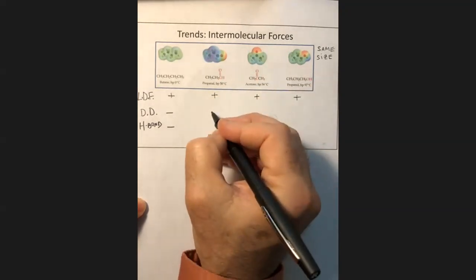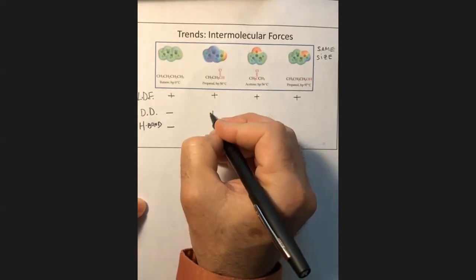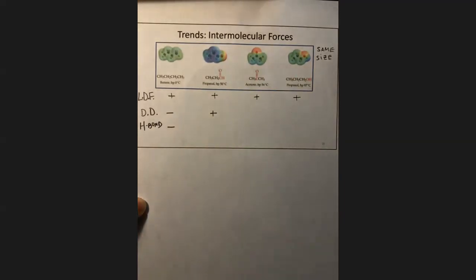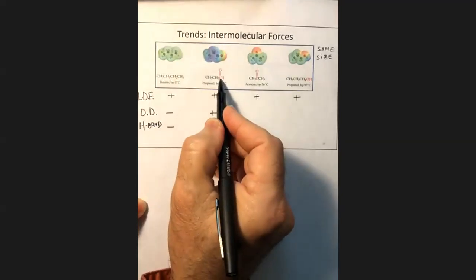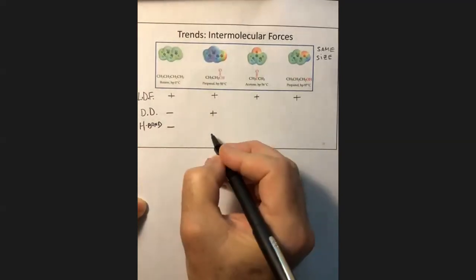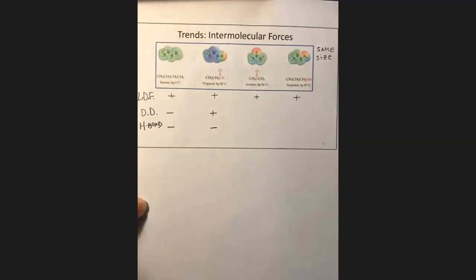Well, that tells you that this compound is capable of dipole-dipole interactions. However, there are no hydrogens connected to oxygens here. This hydrogen is connected to the carbon, not to the oxygen. So therefore, there is no hydrogen bonding here.